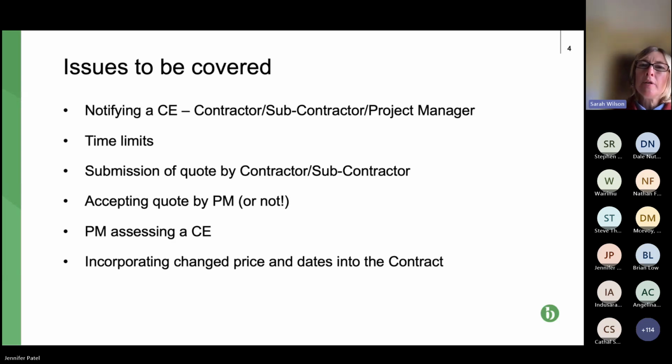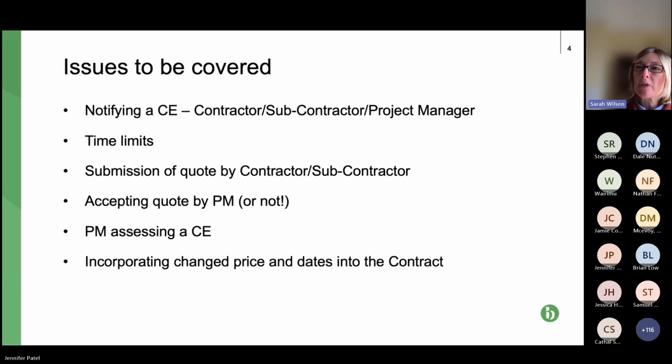But assuming as a contractor or subcontractor, you've reviewed the list and you've decided that there is a compensation event, maybe more than one from the list, this is the process that needs to be followed. So it's in chronological order. The first point is to notify the CE. A variety of people might do that: the contractor or subcontractor, and in some cases the project manager.